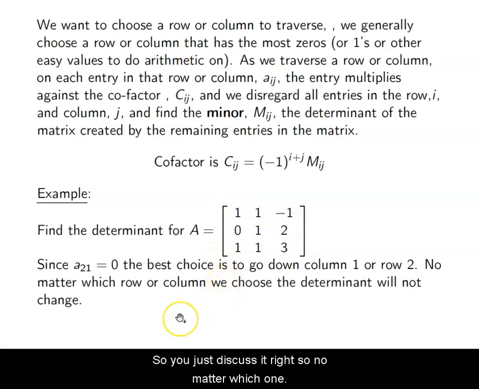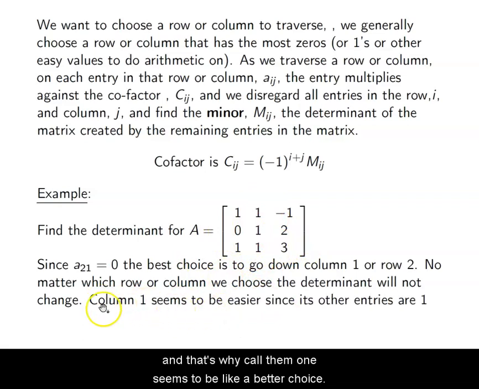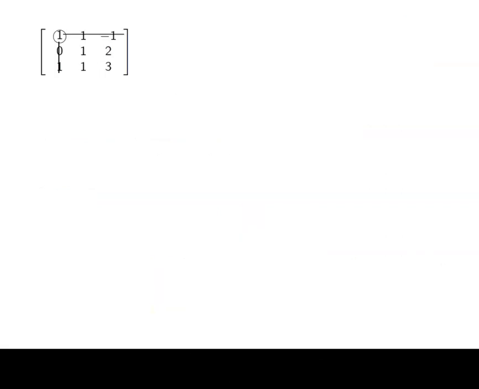So no matter which row or column, the value that I compute for the determinant is not going to change. The determinant of this matrix is the determinant of this matrix. It doesn't change depending on what row or column I go. So that's why I have a choice, right? And that's why column 1 seems to be a better choice, right?